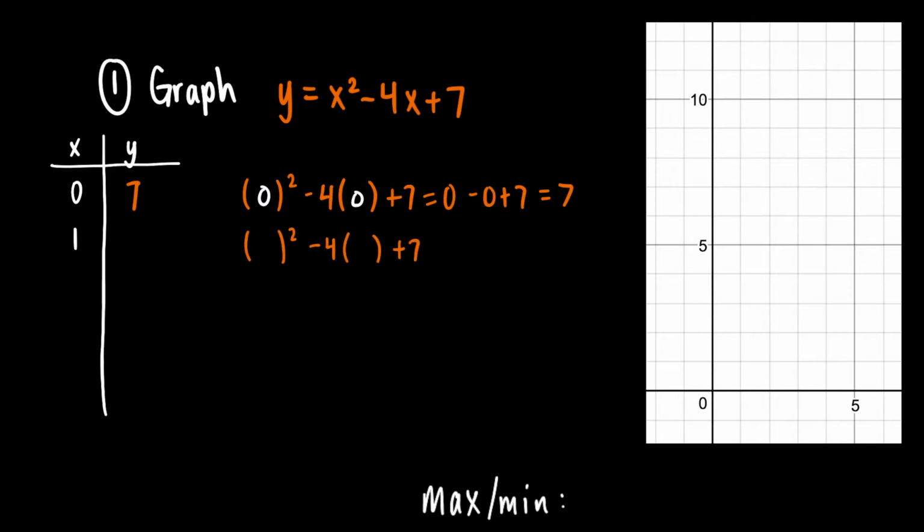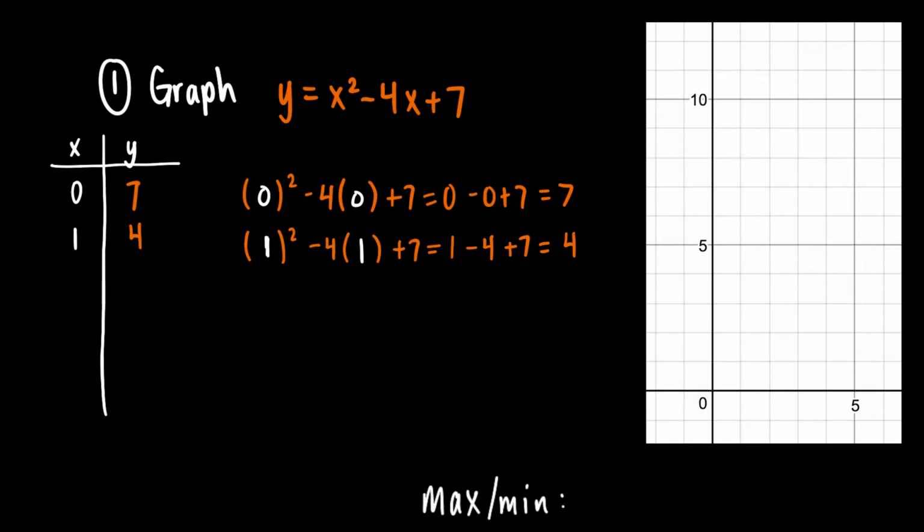That's what this function tells us to do, where in this case we're worried about an input of 1. So if we do 1 squared minus 4 times 1 plus 7, we would get 1 squared is 1 minus 4 times 1 plus 7. So 1 minus 4 is negative 3 plus 7 is 4. Okay, awesome. So that's a totally manageable point.